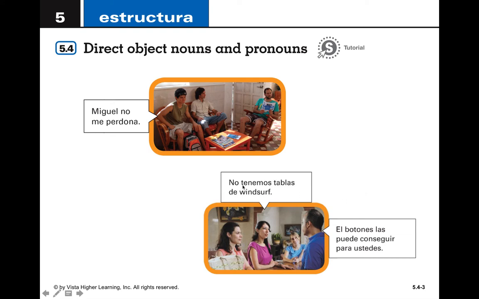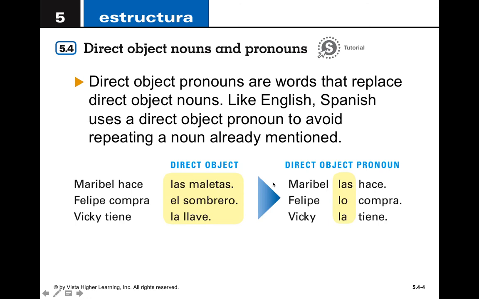So in English this would be like saying, we don't have any windsurfing boards. And it says the bellhop can get them for you, right? That last referring back to tablas. So let's see, how do we do that in Spanish? How do we say it or them or those type of things? Let's see.